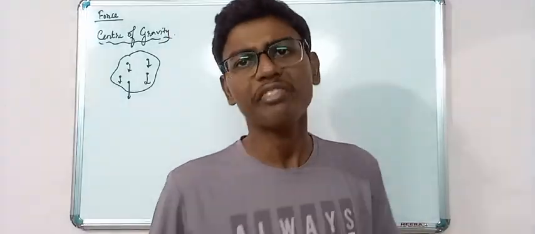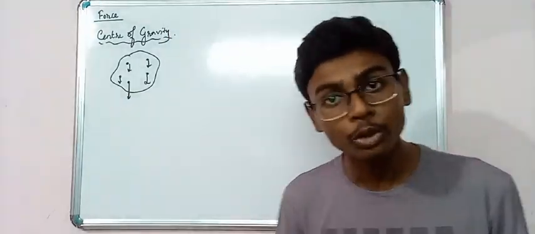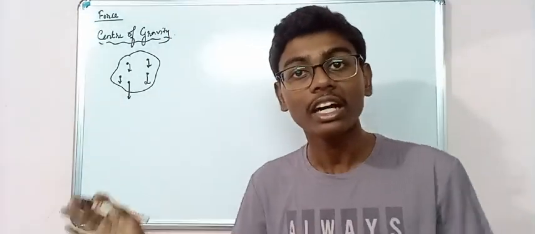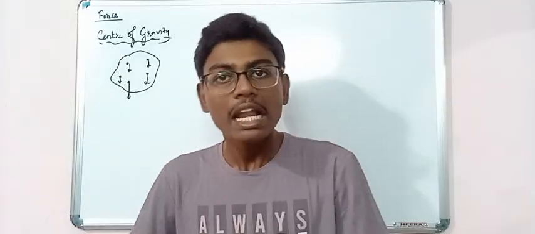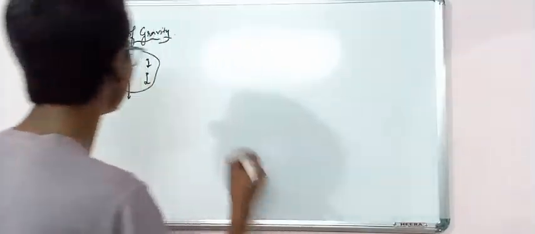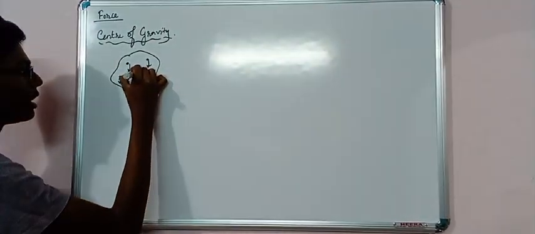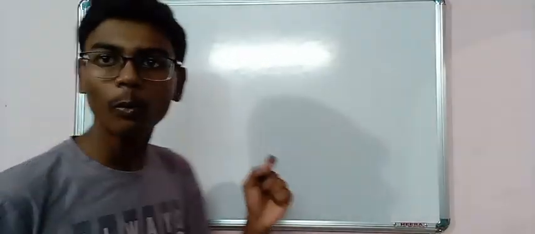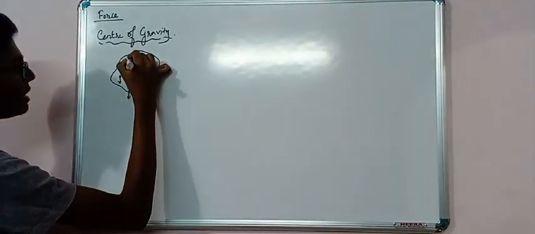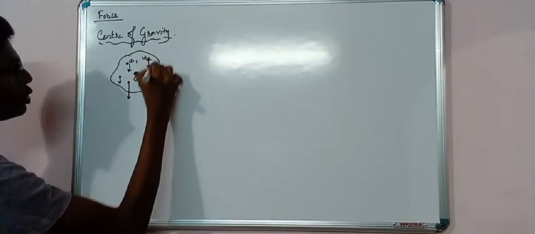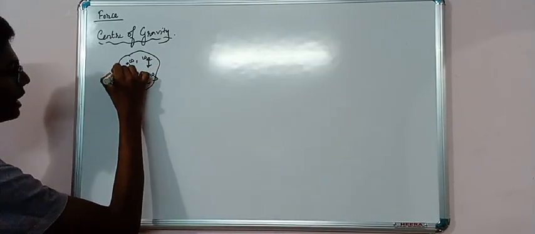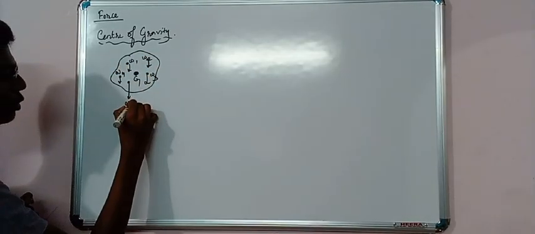Since the particles are very small, we can assume that the weights which are acting here are parallel to each other. Now, what we are assuming is there is one common point from where the weight is acting. Let this point be G, and let this weight be W1, W2, let this be W3, and let this be W4, let this be W5.